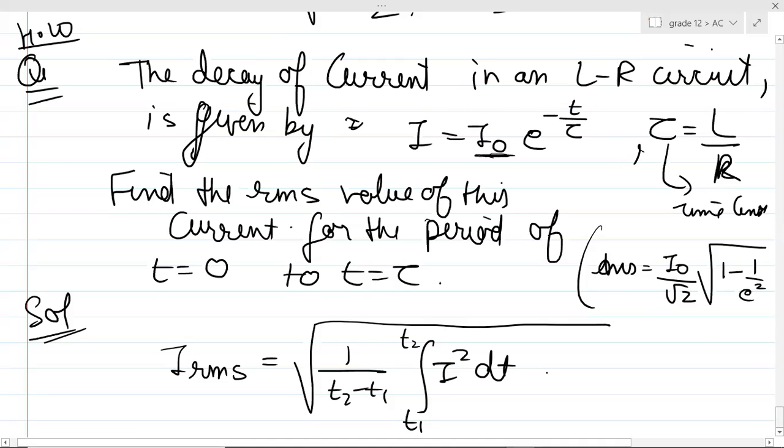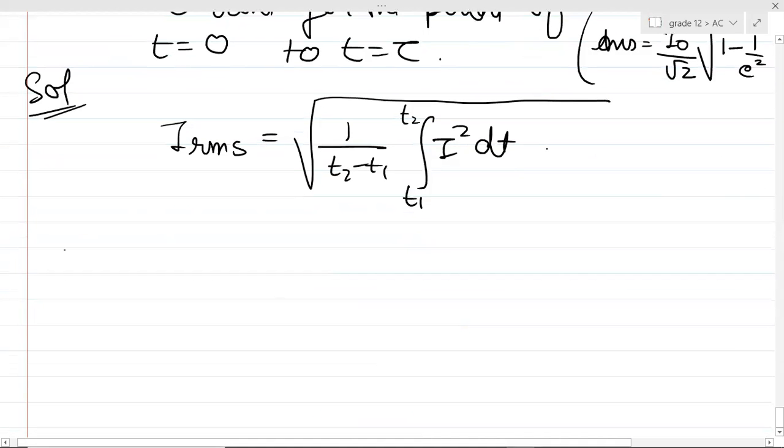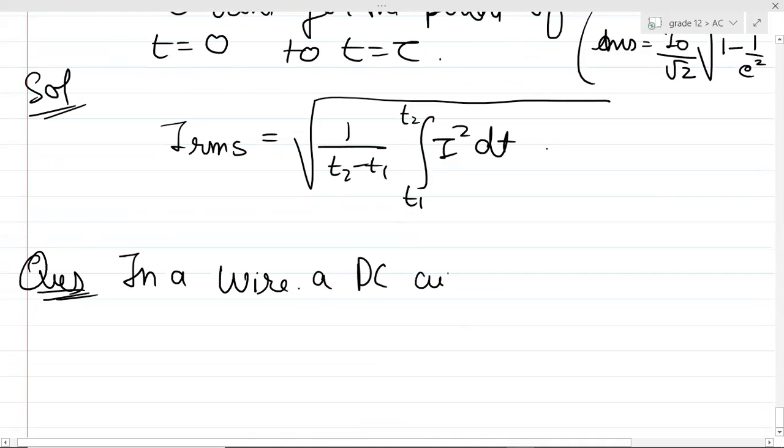So the next question. In an AC circuit, a DC and an AC current are present.